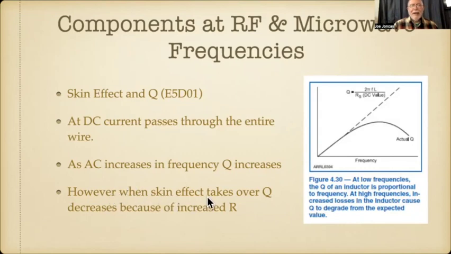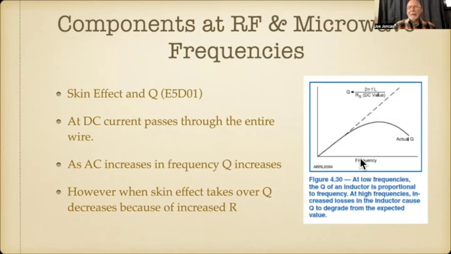However, with skin effect, up to a certain frequency Q is improved with higher frequencies. After the skin effect takes over, then the Q decreases because of the increased resistance of the wire. Here's a scale.